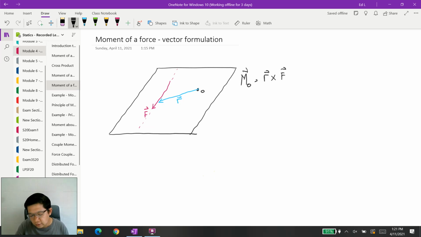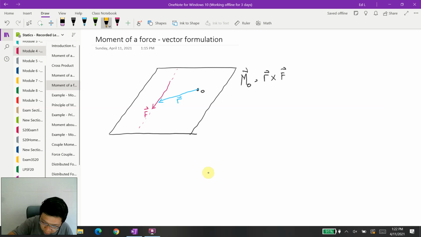As we have learned in the previous lecture, the cross product is going to give us another vector that is perpendicular to the plane where those two vectors are acting. In this case R and F are acting on the same plane, and the result of the cross product, the moment itself, is going to be perpendicular to that plane.